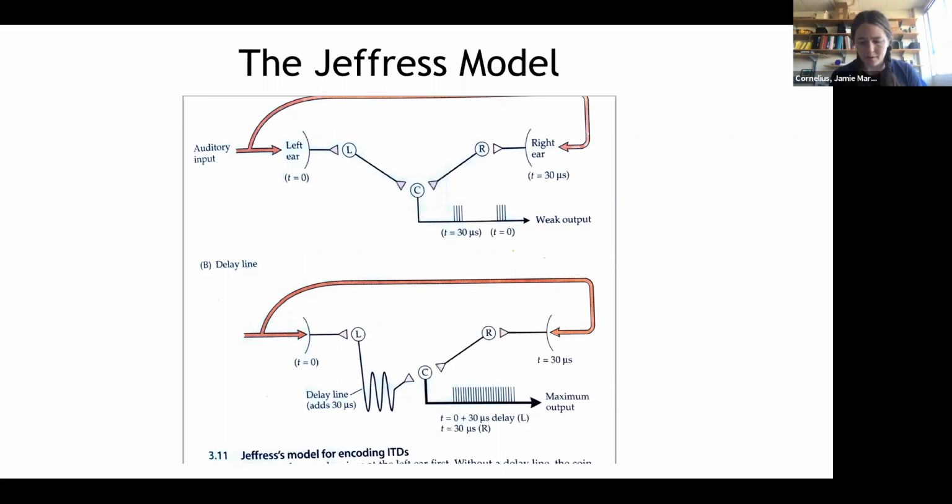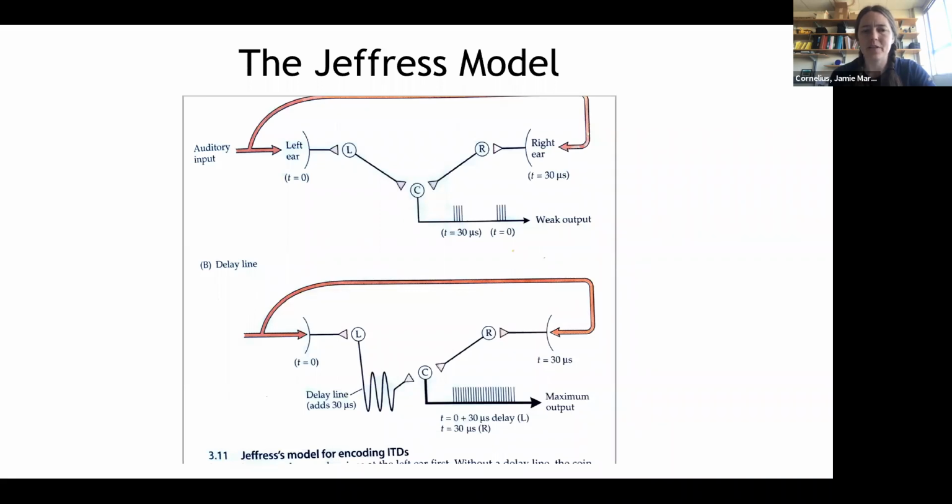And so what we have in this figure, in the upper example, is a sound coming in with an interaural timing difference. So the sound is coming from the left side of the head.